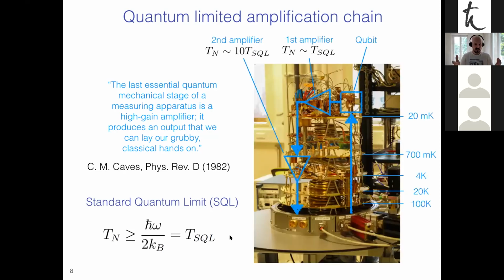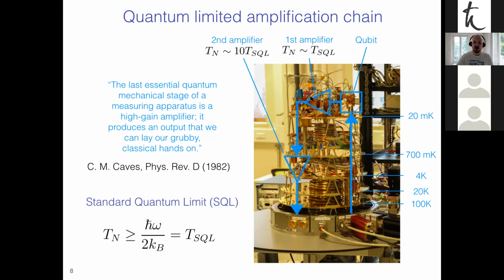And so knowing this, now you might want to put such a quantum limited amplifier in your setup. And this is a typical setup in our lab. This is a dilution refrigerator. So basically you have various stages at various temperatures. Of course, your qubit or your fancy quantum system sits at the coldest stage.